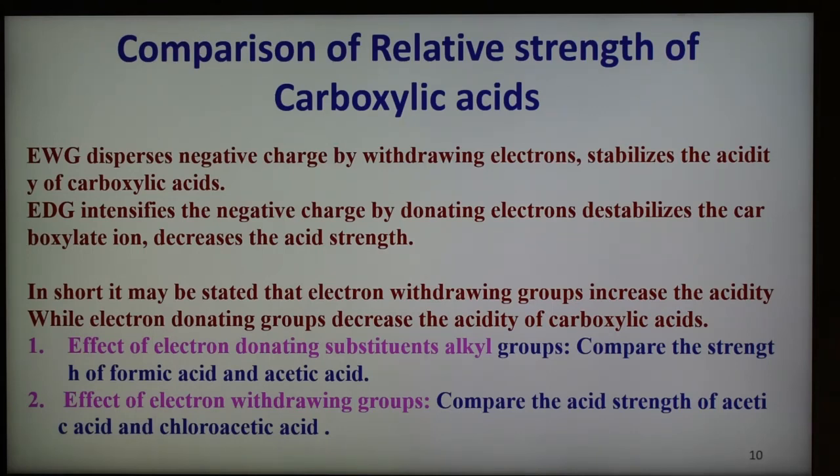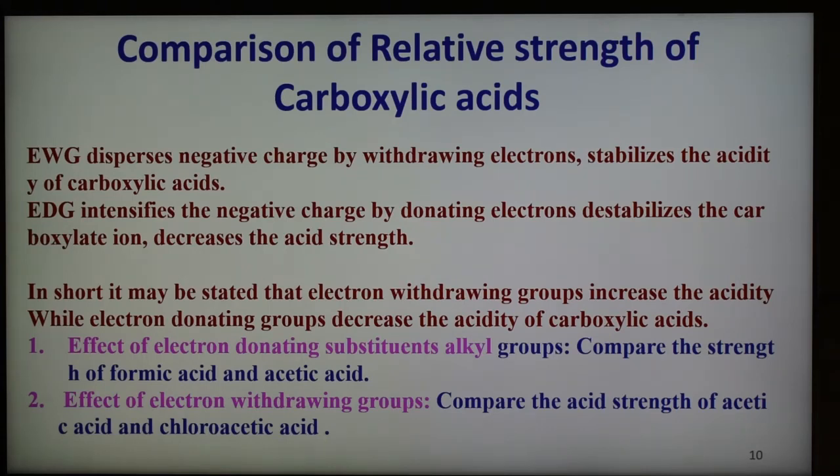In this case we can compare the relative strength of formic acid and acetic acid. As we know, formic acid has the formula HCOOH, and acetic acid has the formula CH3COOH. In the case of formic acid, the pKa value is 3.75. In the case of acetic acid, the pKa is 4.76.